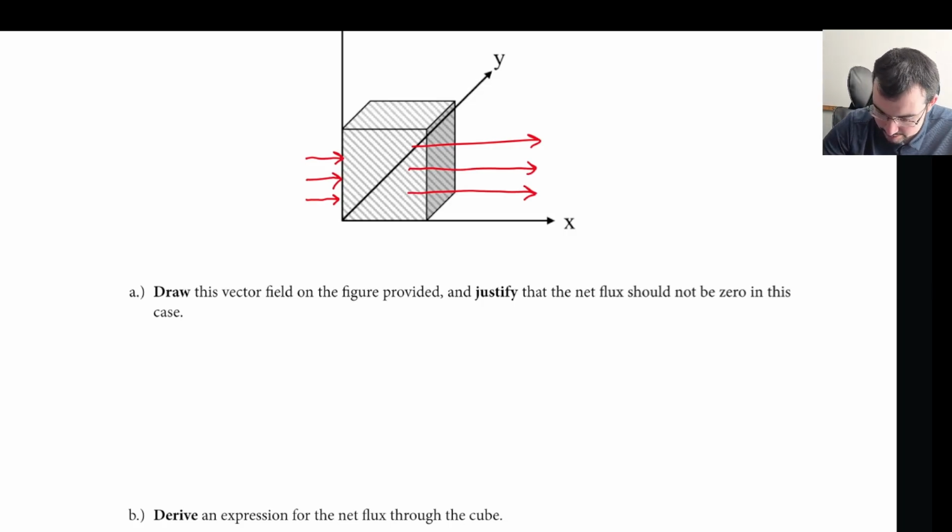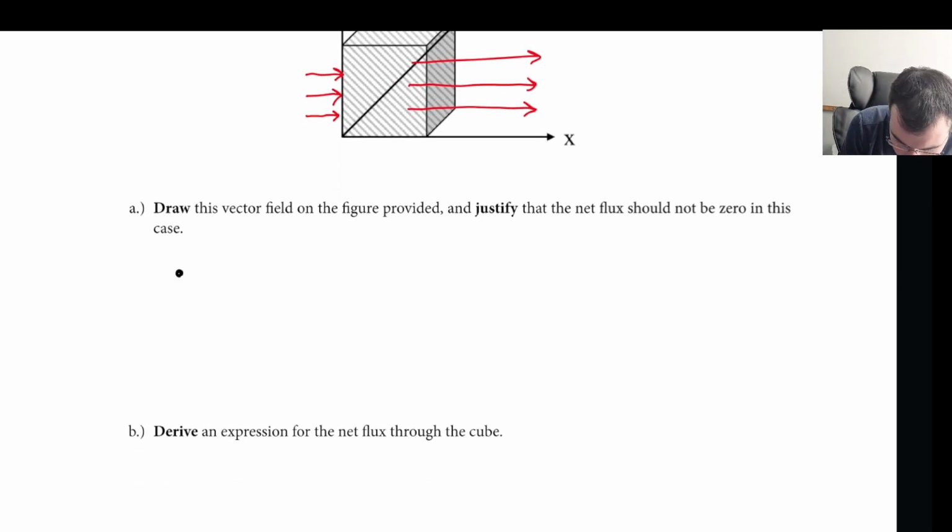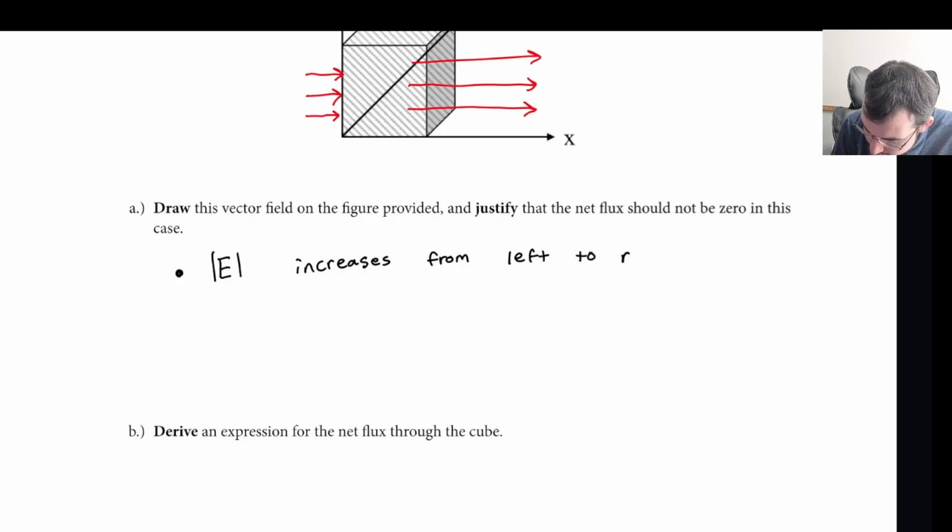Well, we see that E increases from left to right. So this means that phi out of the surface is going to be greater than phi into the surface, which means the net flux is not 0.